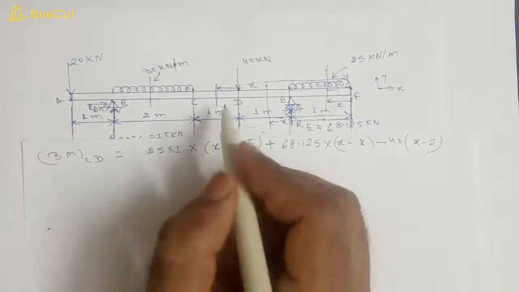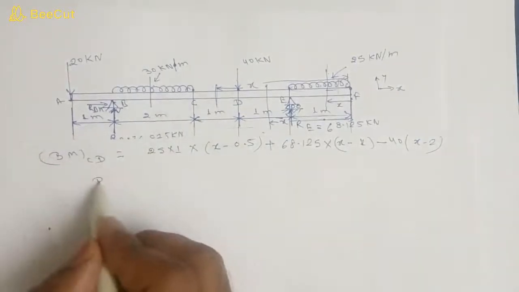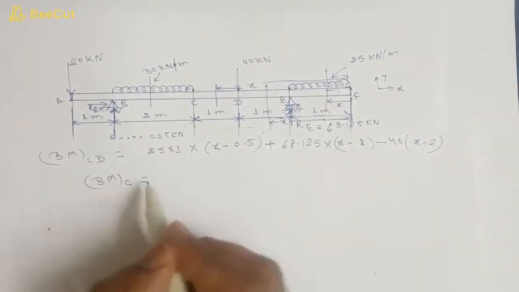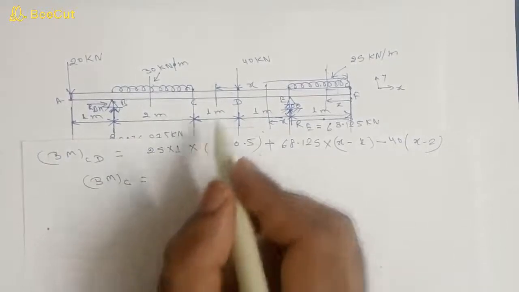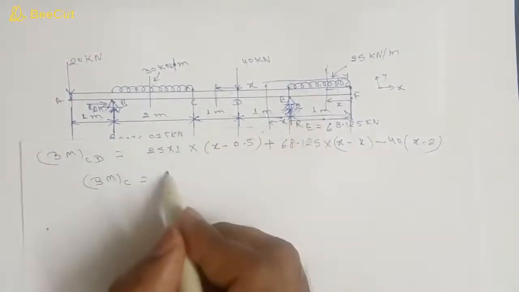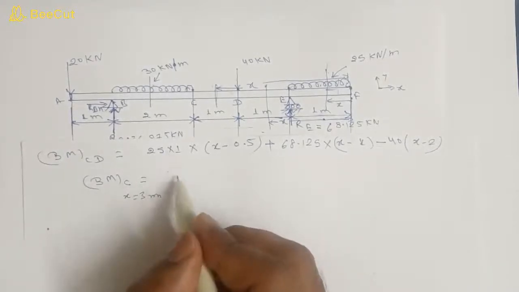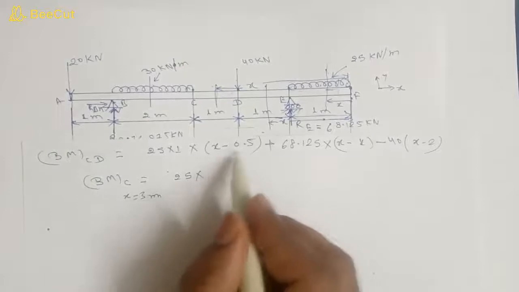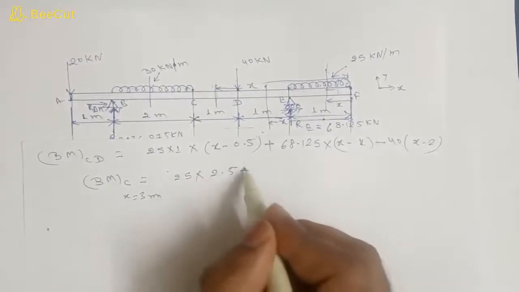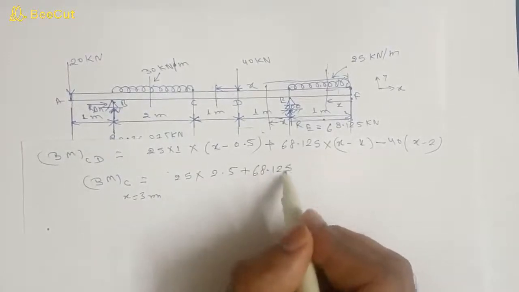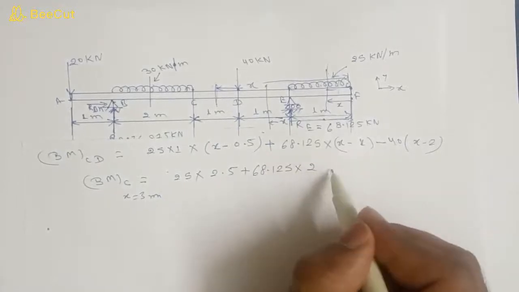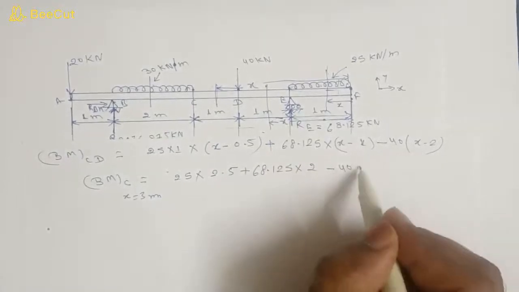So if you want to calculate the bending moment at C, then x will become 1, 1, 2, 1, 3 meter, at x equal to 3 meter. So you will get 25 into 2.5, plus 68.125 into 3 minus 1, which is 2, minus 40 into 3 minus 2, which is 1.